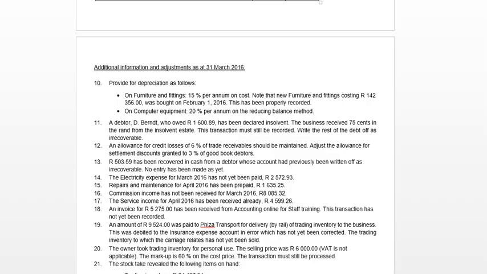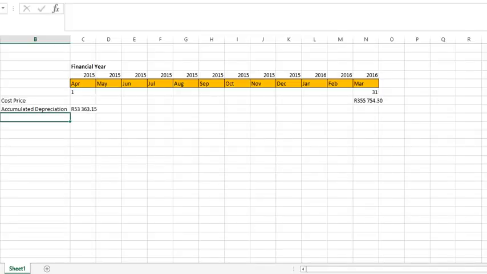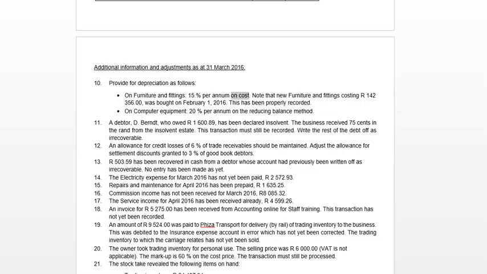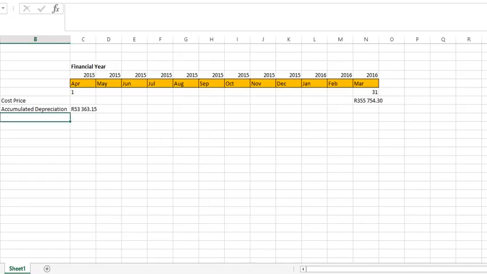Okay, what happened during the current financial year? Well, we went and we bought additional furniture and fittings to the value of $142,356 rand, and we depreciate furniture and fittings at a rate of 15% on costs. So in other words, the straight line method. And we bought this on the 1st of February 2016.